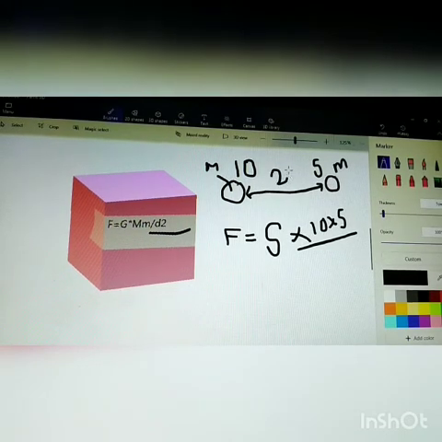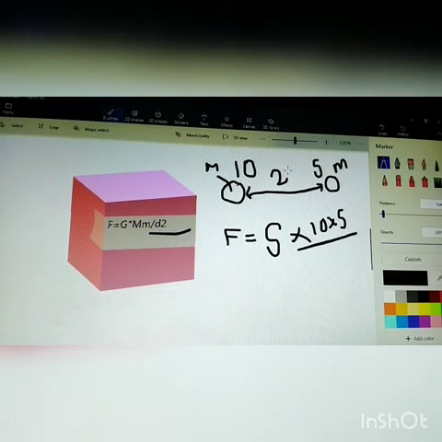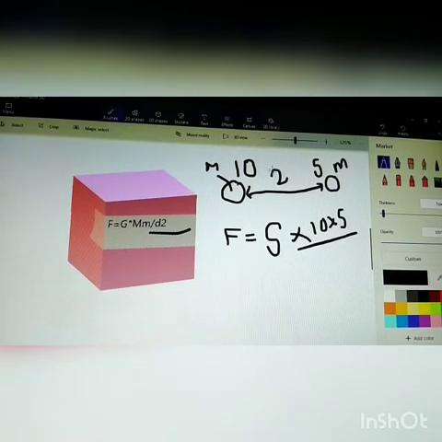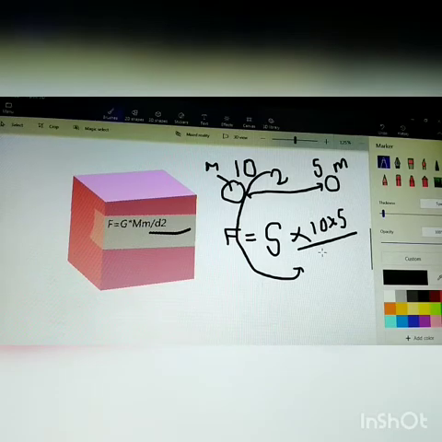Or let's say it is 2 kilometers, because we have to substitute the values of the uppercase and the lowercase. As the uppercase is in kg, we have to keep the lowercase in kg so that it will be easier for us to calculate. Now let us say the distance between these two objects is 2 kilometers. Then what will be the square of this distance? The square of the distance is 2 into 2, which is 4.